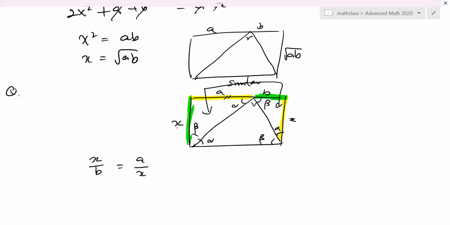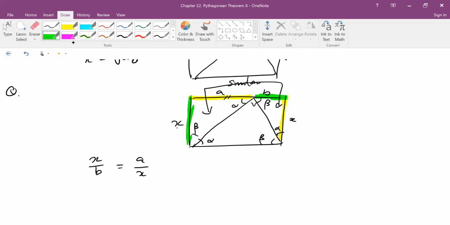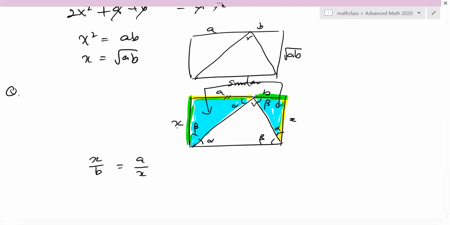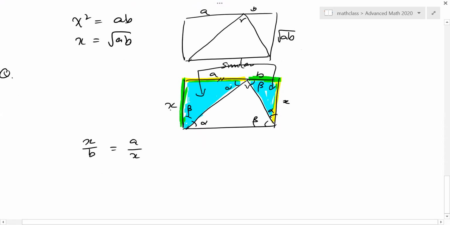Those are the 2 triangles we are going to compare. They're similar, so that's a much quicker way without using the Pythagorean theorem. So x squared equals AB, which implies x equals the square root of AB.